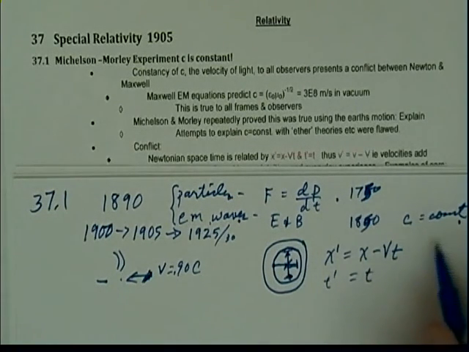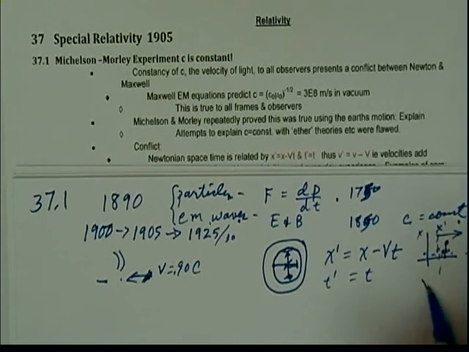This is the transformation between one frame, let's say sitting still, a frame x and t, and another frame of observation which is moving along, x'. As x' moves along, if we have a point here and it measures a position with respect to x', then x would equal x' plus this distance right here.